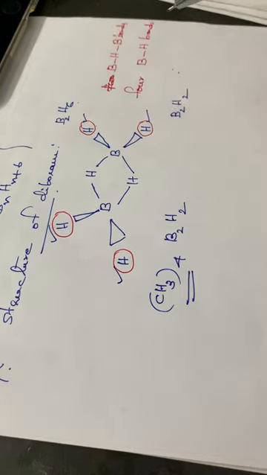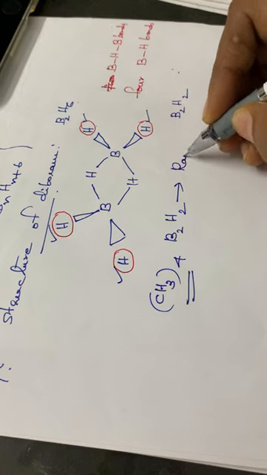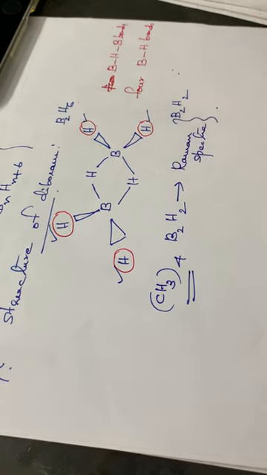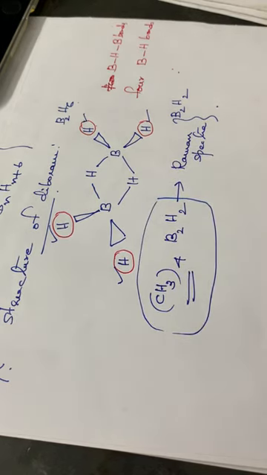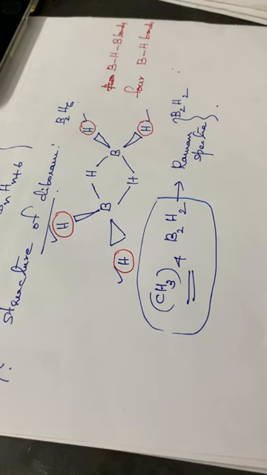That shows that these 4 hydrogen atoms are at the terminal positions, or the end positions, of the diborane molecule. This study is based on the Raman spectra. From the Raman spectra, we can say that when diborane is methylated, we will be having CH3 4 times. Tetramethylation is going on there. That means 4 replaceable hydrogen atoms are there.